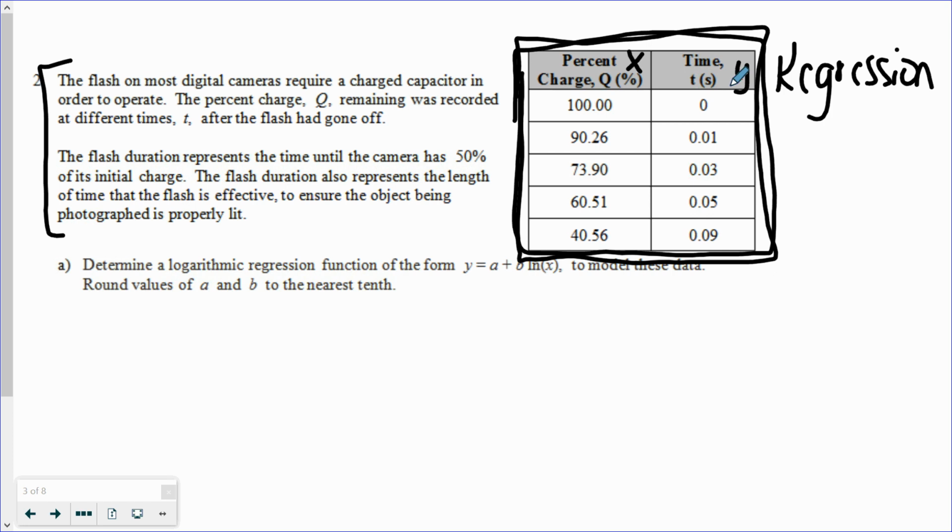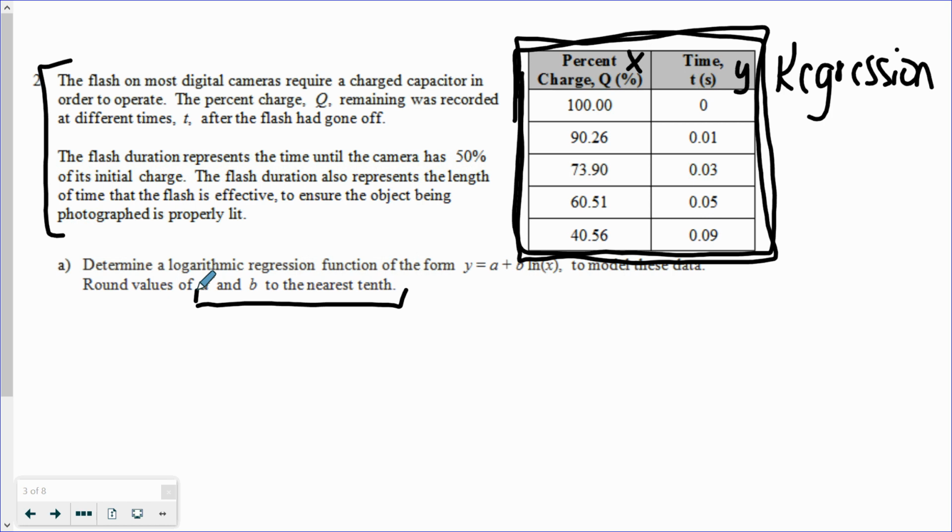The flash duration also represents the length of time that the flash is effective to ensure the object being photographed is properly lit. So the first thing it's asking is to do a regression to model the data. Round the values of A and B to the nearest tenth. Again, it's asking you specifically for that.